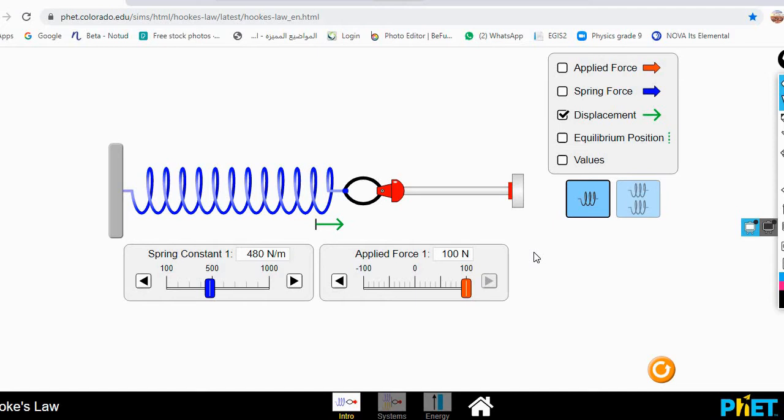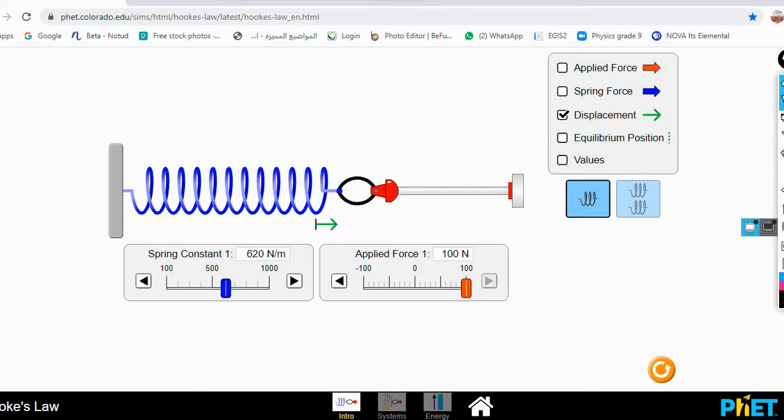The constant is higher, and this spring will resist the applied force more. By this way you can understand that when we have more spring constant, the distance will be lower, and the spring will resist more of the applied force happening to it. Look over when we move it more.